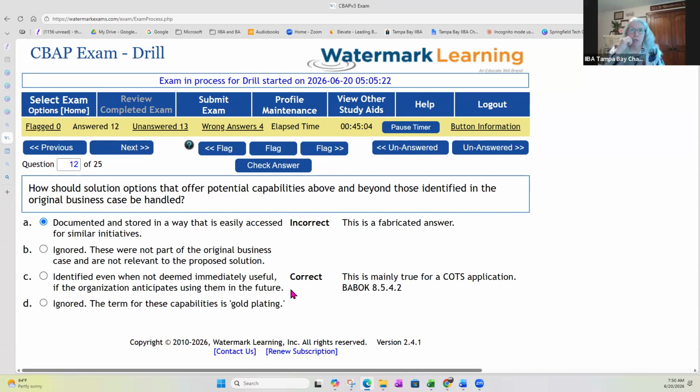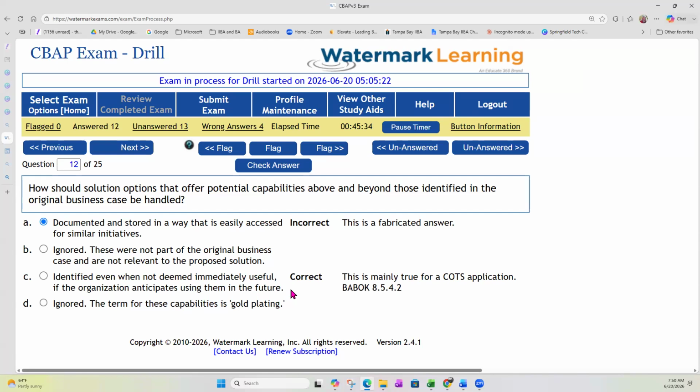Let's say you buy a human resources program and we want to use it for benefits tracking. And it also has 3 other things that you can use it for. That's not the goal of this project right now. We want to use it for benefits tracking. But we do identify this tool also has these things and set it aside. We don't ignore it. And anytime we get new information, we don't want to ignore it.